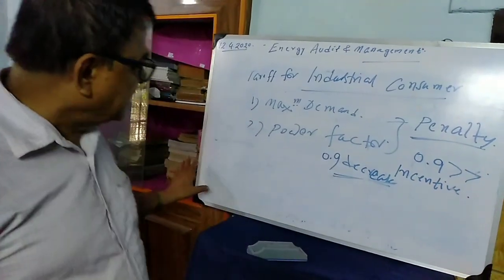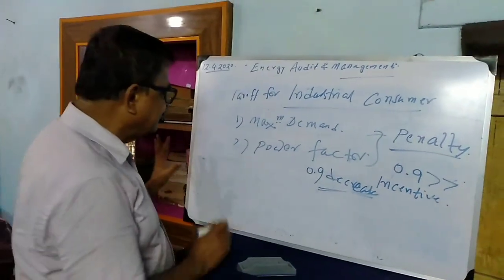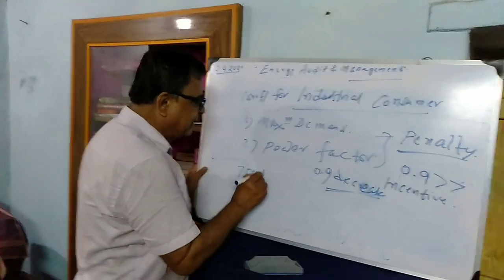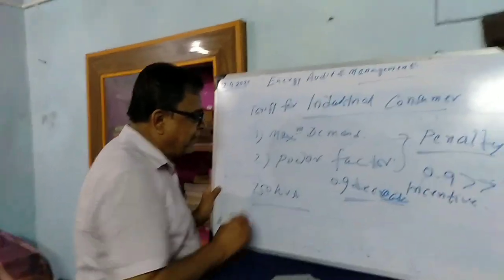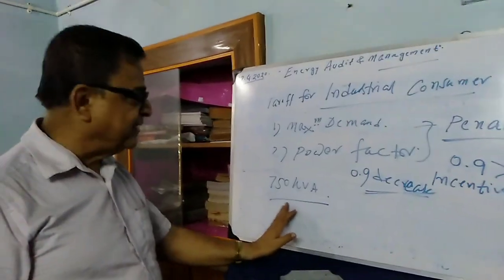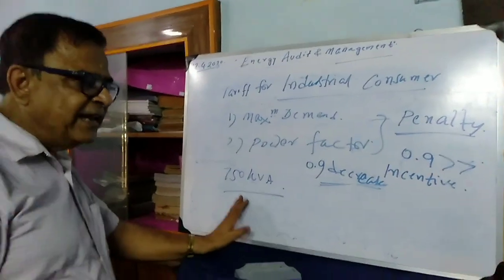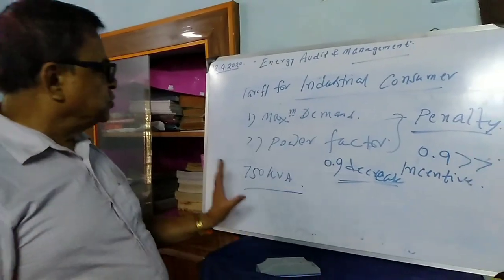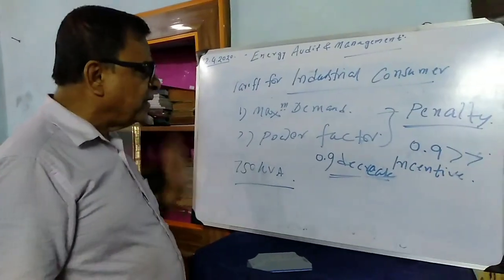So at a time the maximum demand cannot increase. If it is fixed at 750 kVA, then we have to check that the maximum demand cannot increase beyond 750 kVA in a month, in a day, in a second.